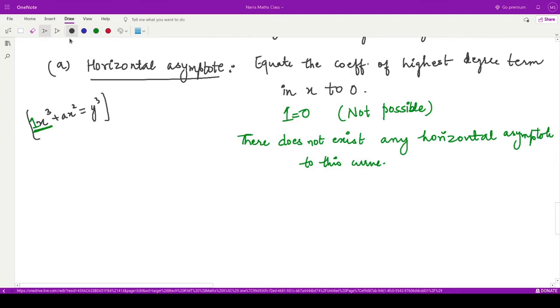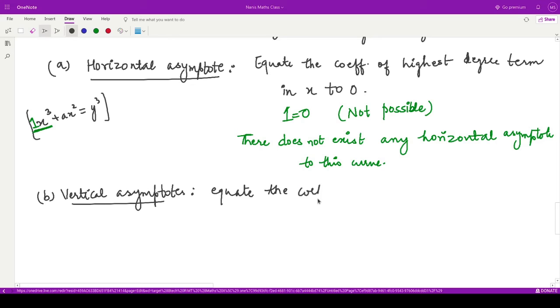Next we examine whether there are any vertical asymptotes. For that, we equate the coefficient of the highest degree term in y to 0.